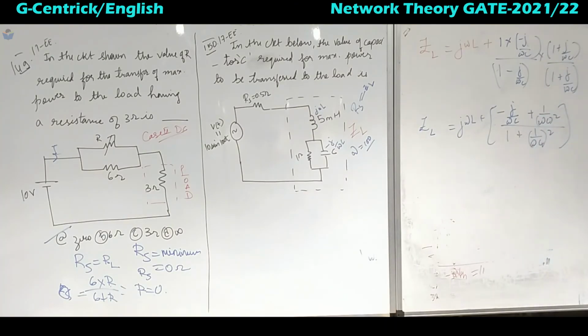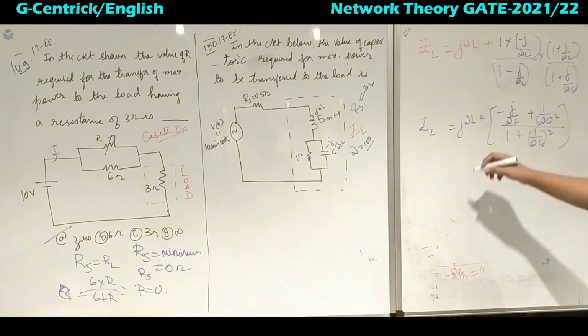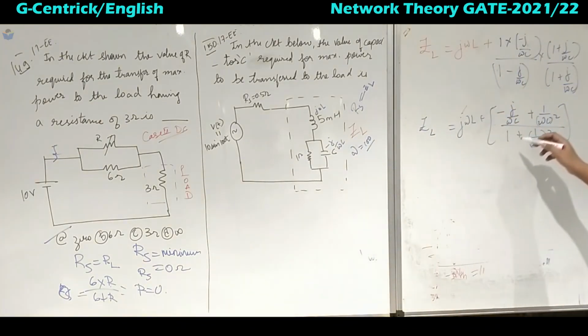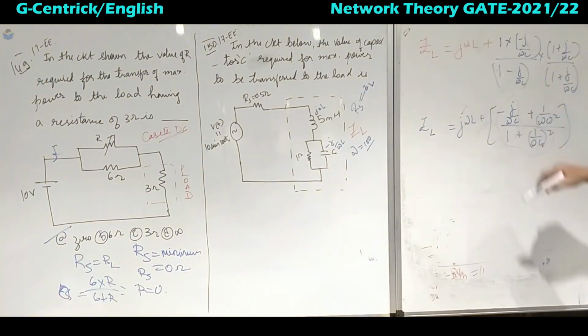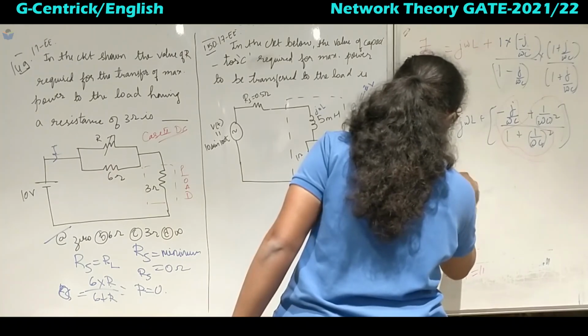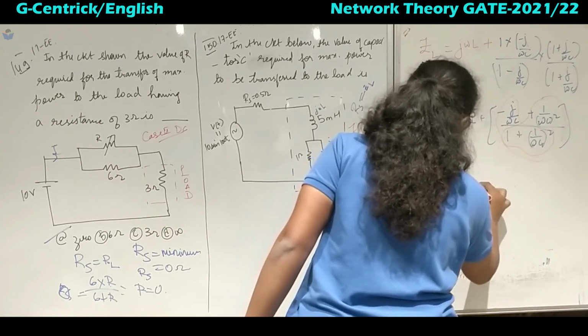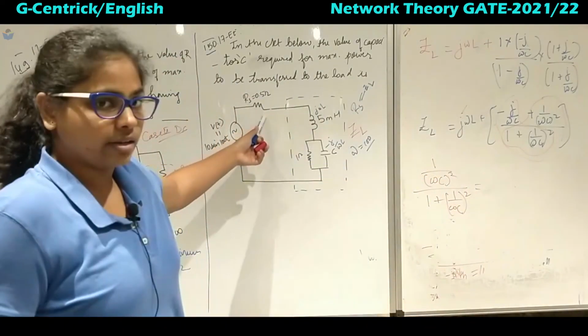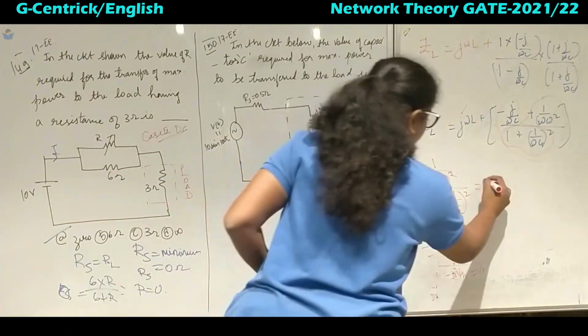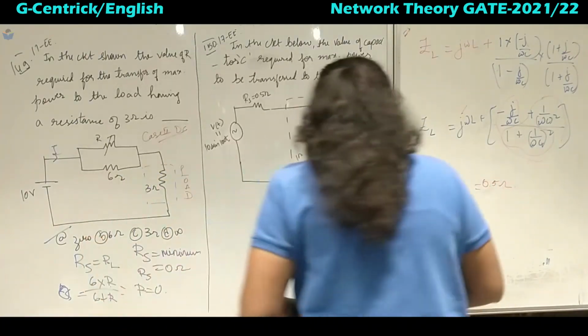So our aim is to compare with RS, which is the real part. So this whole thing is imaginary and this is the real part. So what we will do, 1 by omega C whole square divided by 1 plus 1 by omega C whole square equal to RS. So what is the value of RS? 0.5 ohms.